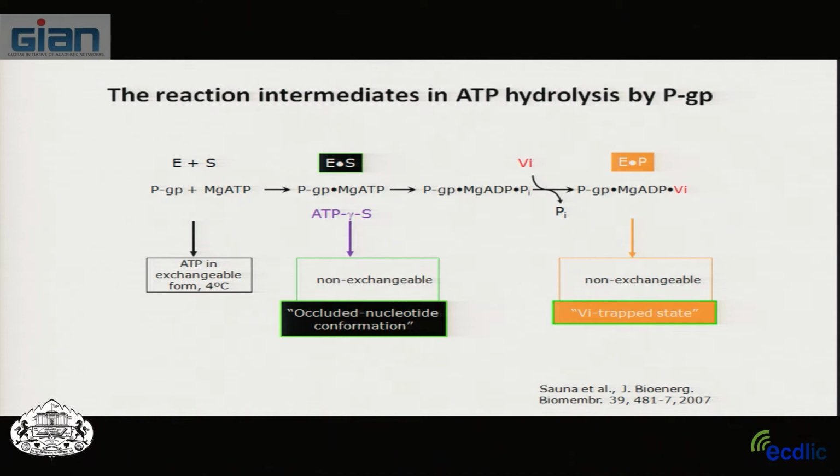And those compounds which inhibit ATP hydrolysis release the ADP much slower. So continuing yesterday's discussion, what we should be looking for is modulators which would keep the ADP bound tightly, inhibiting the ATP hydrolysis. And if that happens, I think we will have a better way to get a better modulator.